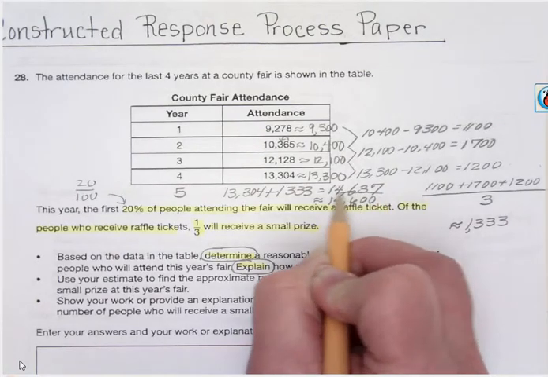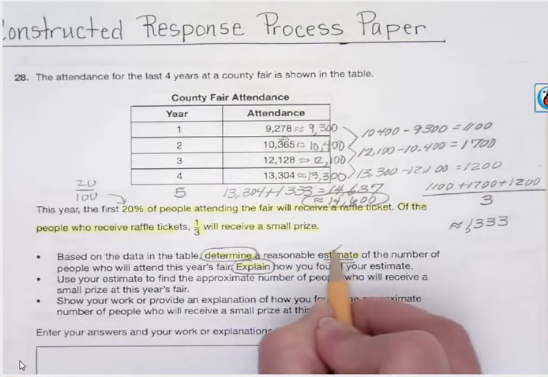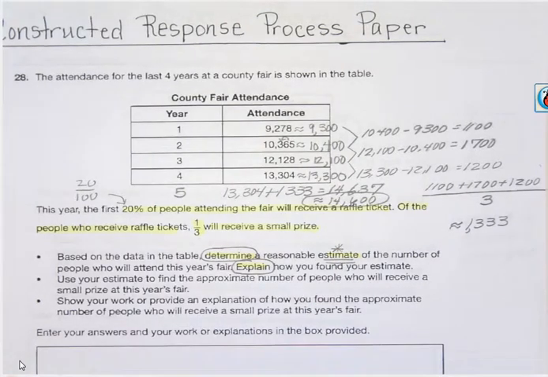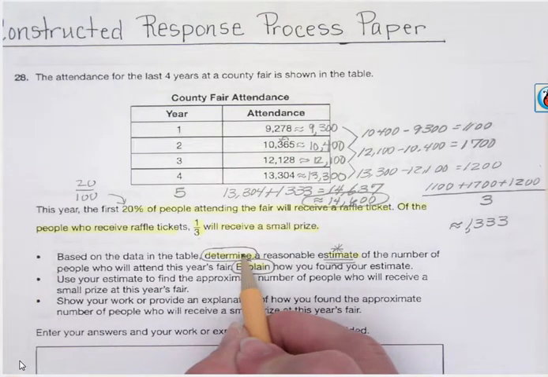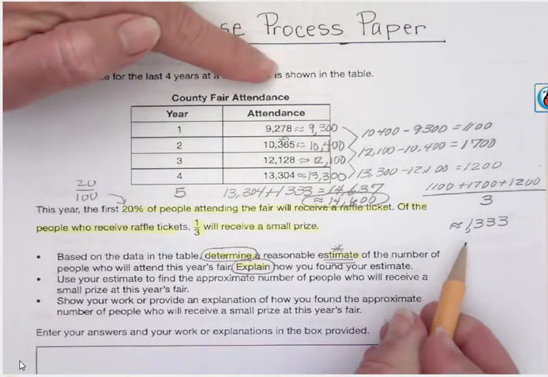So that's what I'm going to use as my best reasonable estimate. And it is reasonable because we found an average change per year.